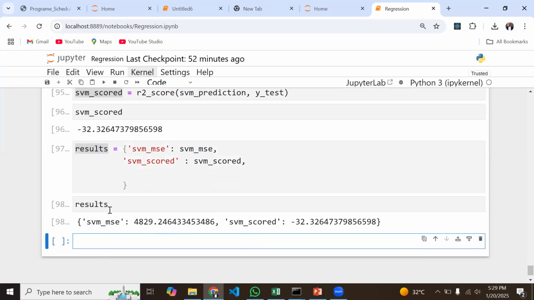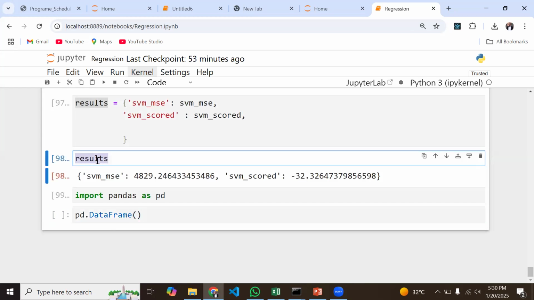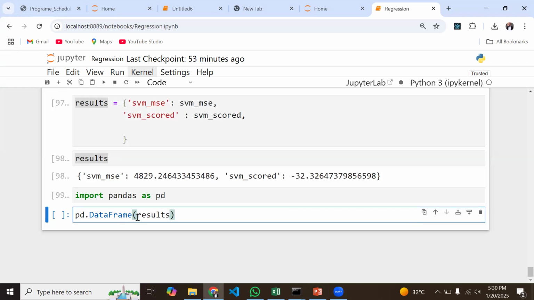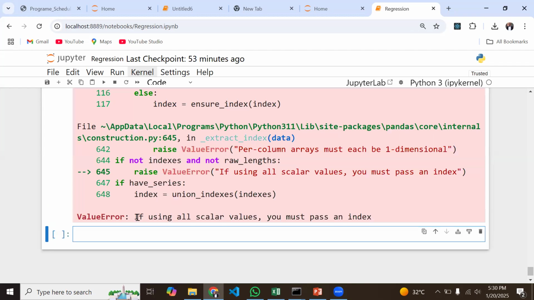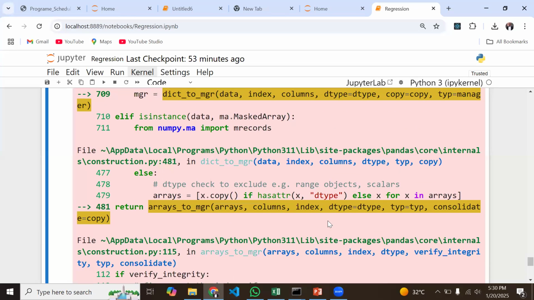We can actually, let's say import pandas as PD. Now I can do PD dot data frame and then pass these results over here so that we have like a nice table. It says if using all scalar values, you must pass an index.